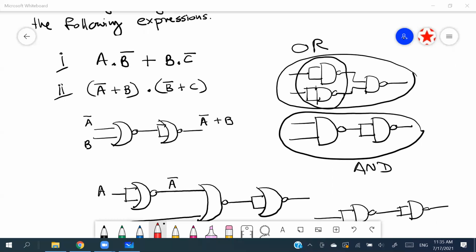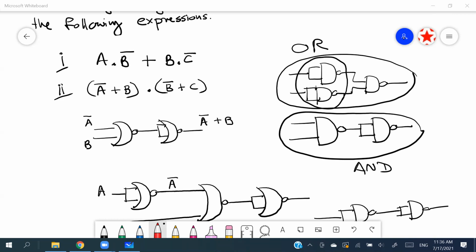And yeah, since everyone is in the room, I think if I draw this, it will be a little bit helpful for you if you are struggling at some point in creating these using NANDs and NORs.